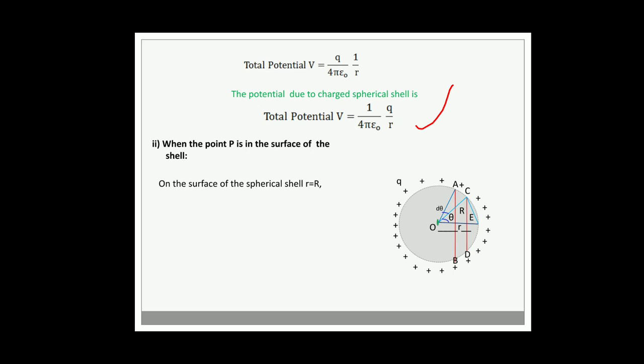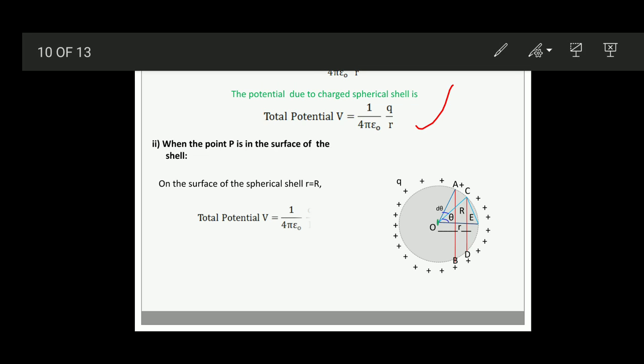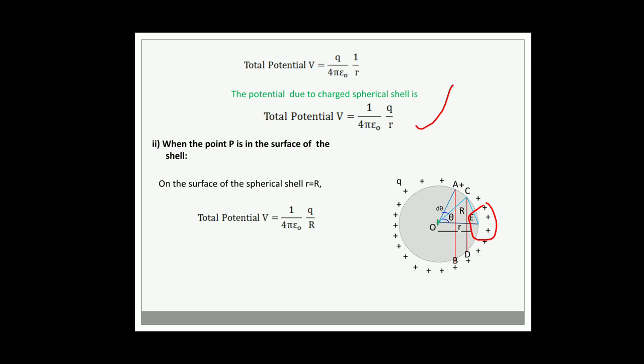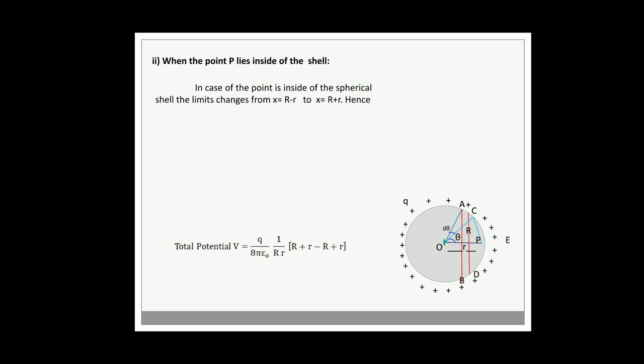And what about when the point P is on the surface? On the surface is nothing but this point actually. In this case, small r is equal to capital R, so that the potential V is equal to 1 by 4 pi epsilon naught into Q by capital R. So the only difference is when small r is replaced by capital R, that is the electric potential on the surface of the spherical shell.